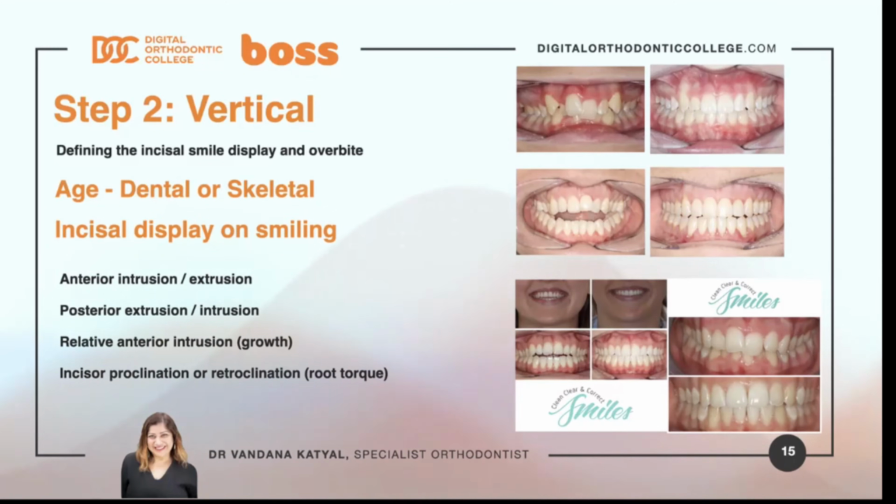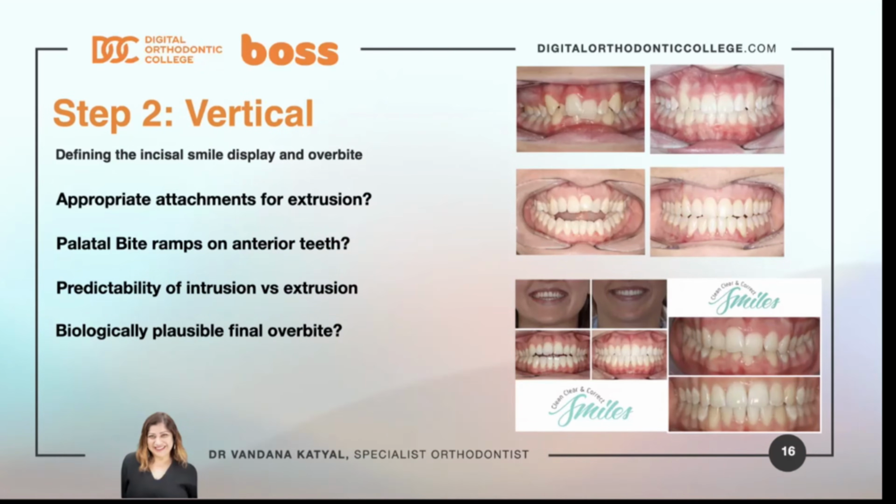So are you going to intrude or extrude the anteriors? Are you going to intrude or extrude the posteriors? Are we going to utilize growth here, which is relative anterior intrusion? Or we can correct overbites with incisor proclination, or vice versa, correct mild open bites with incisor retroclination. So these are the decisions to be made.